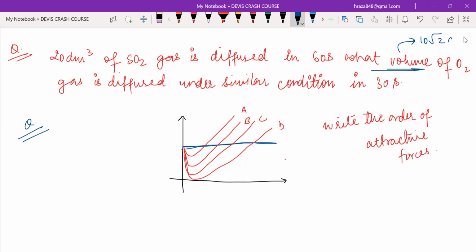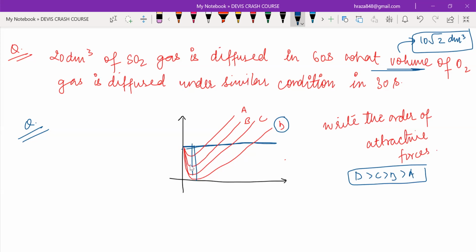D, because it is deviating more from the ideal behavior. So it will have more attractive force. Yes, the maximum attractive force.